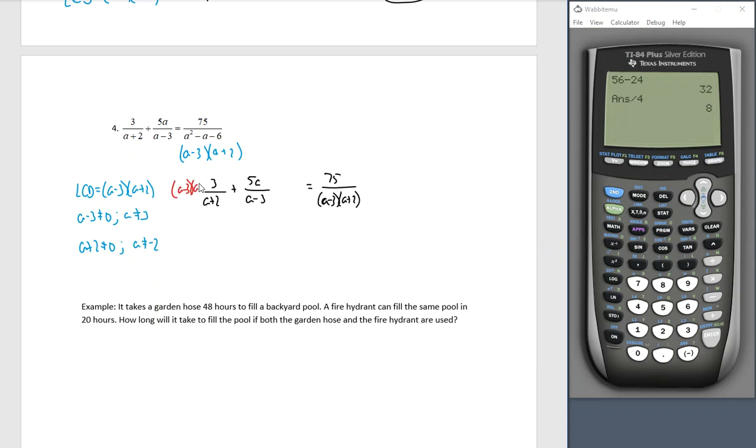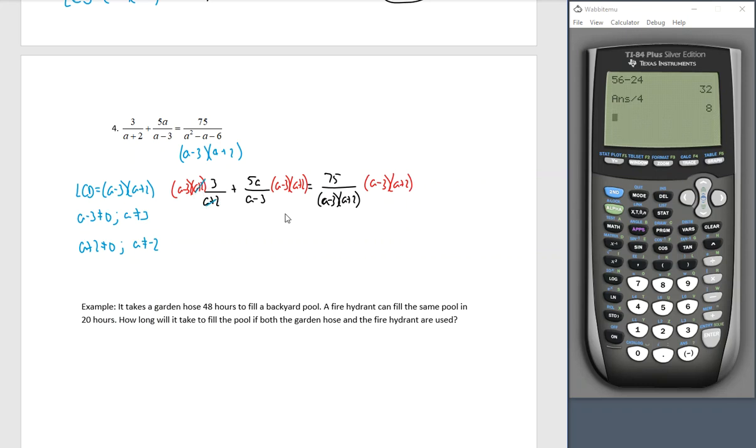A minus 3, a plus 2, cram it in there. A minus 3, a plus 2, a minus 3, and a plus 2. Right? We want to multiply every single term, both sides, but remember it gets distributed to every single term.